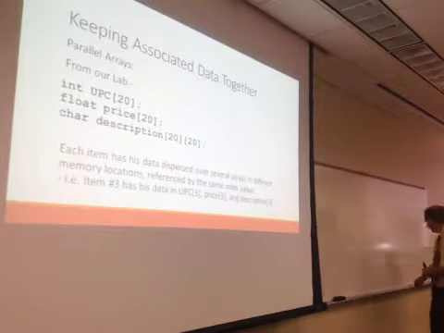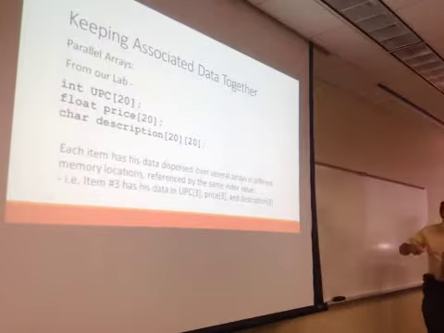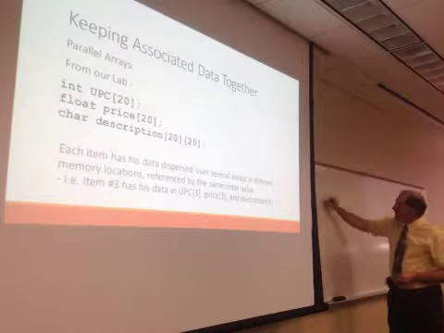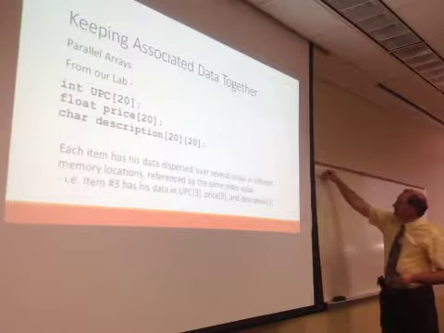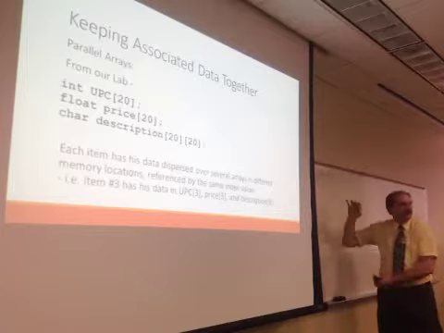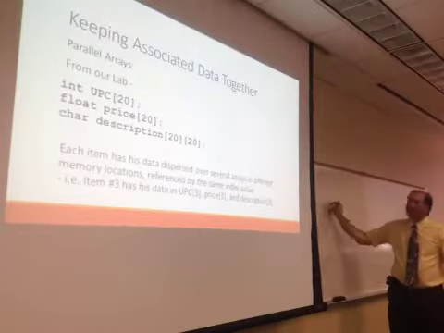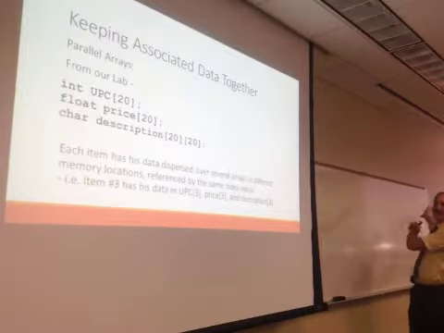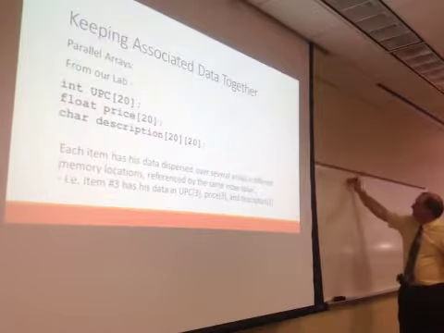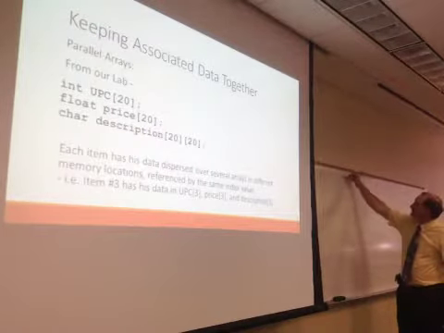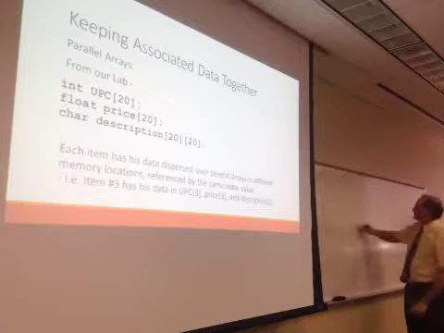Now, what's actually going on in memory is you've got UPC set up in memory. Here's this big chunk of memory with all the different UPC numbers in it. And over here somewhere in memory is the price. And somewhere else over here is the quantity on hand.